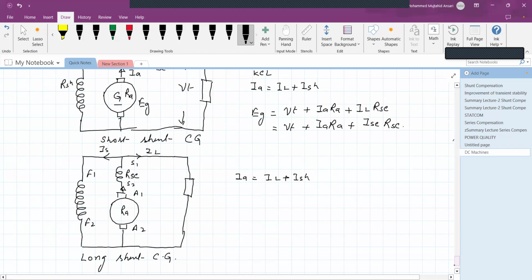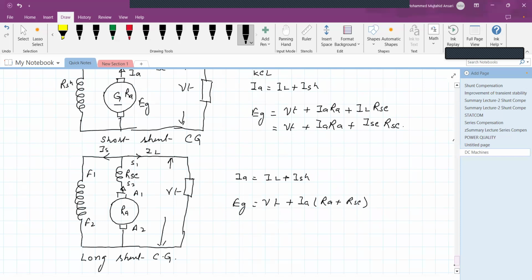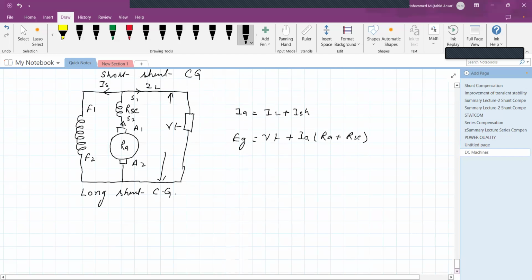Whereas for the EMF generated, EG is equal to VT, this is the terminal voltage VT. Now apply KVL over here. So VT plus IA into the bracket RA plus RSE, because the current flowing through the series field winding is also the armature current. Now the question arises, what do you mean by cumulative compound generator and differential compound generator, isn't it? So first we will consider the cumulative compound.